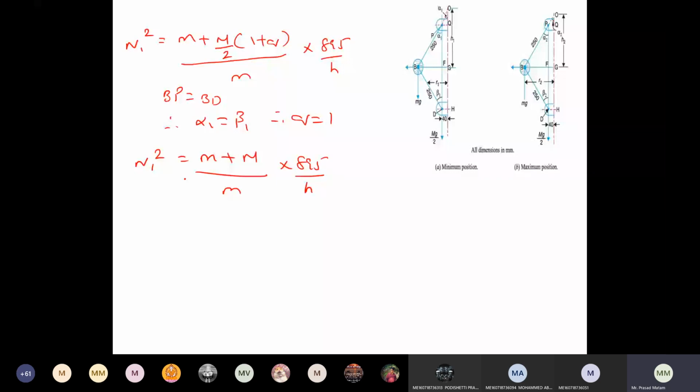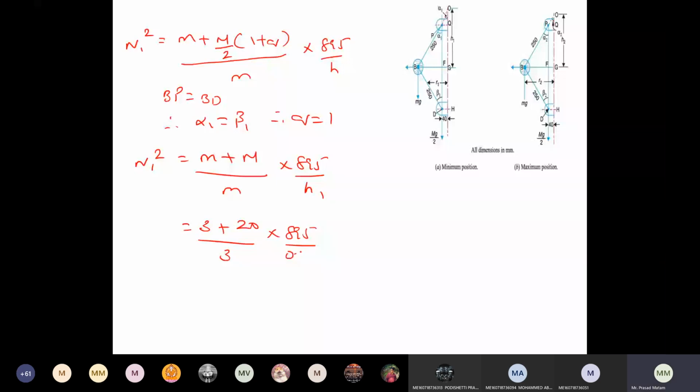Now, substitute and give me the N1 value. Dear students, first substitute and give me the N1 value. So mass of the ball is 3 kg, capital M is 20 kg, by 3 into 895 by, what is H1 I am getting? 0.306 meter.